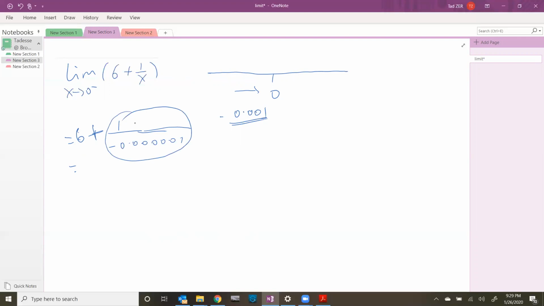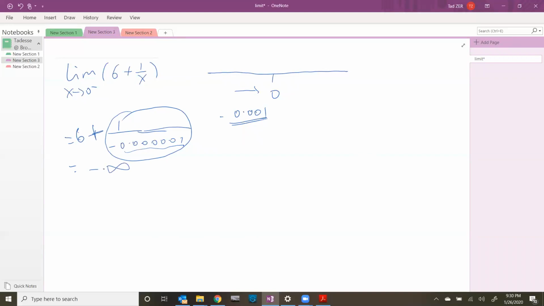Again, for the same reasoning, the numerator 1 is fixed, but the denominator is getting smaller. A fixed number divided by a small number will go to infinity, and with this minus sign, it will be negative infinity. But 6 is a fixed constant. So 6 plus negative infinity becomes what?